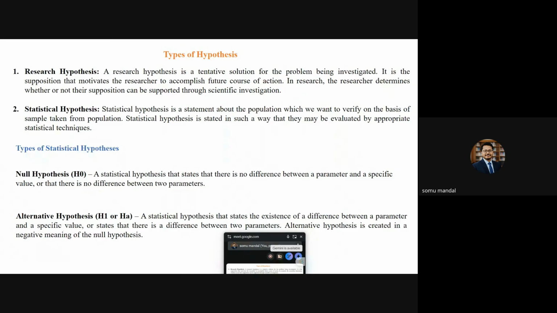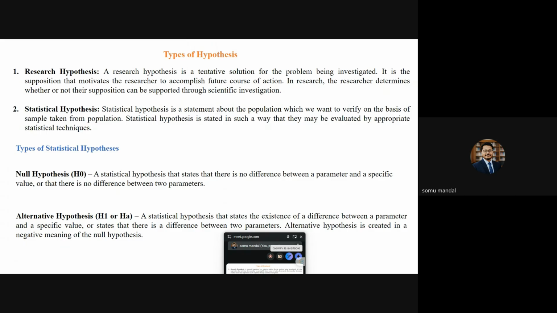Example: there is no impact of fertilizer on agricultural production. Alternative hypothesis: there is an impact of application of fertilizer on agricultural productivity. This is the null hypothesis and alternative hypothesis.